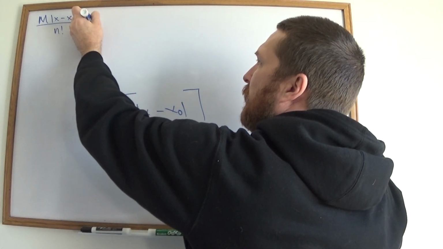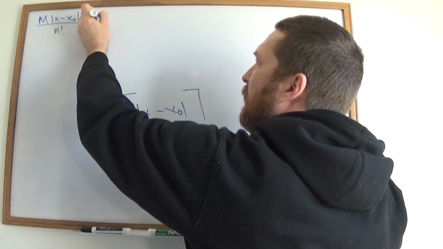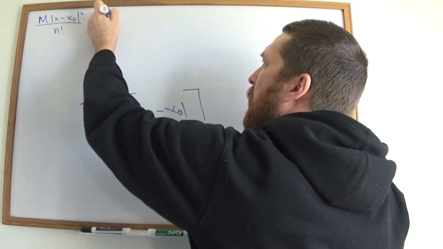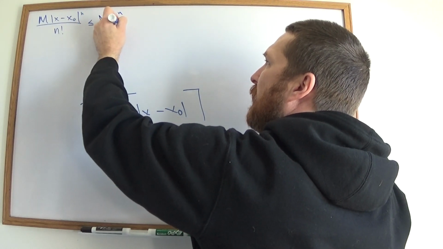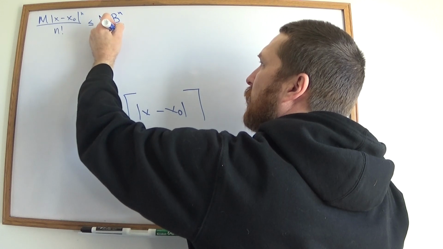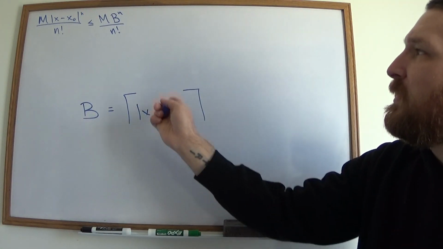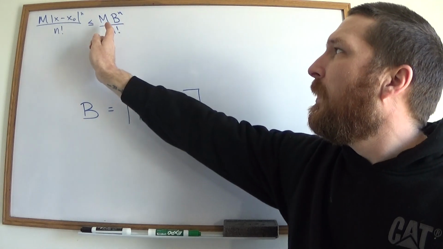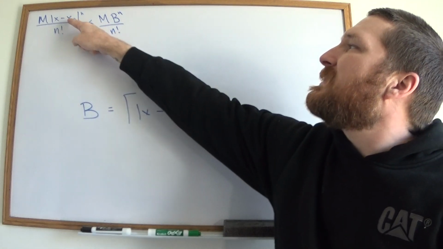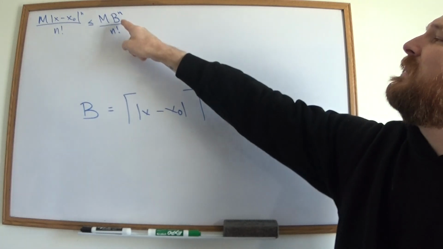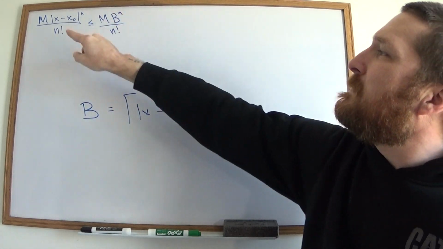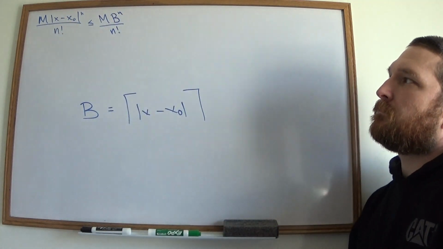Okay, well then, this m b to the n over n factorial is then either, if it happened to be an integer, they're equal. But if it's like 2.7, now we're up here at 3, and so this value is bigger than that value.